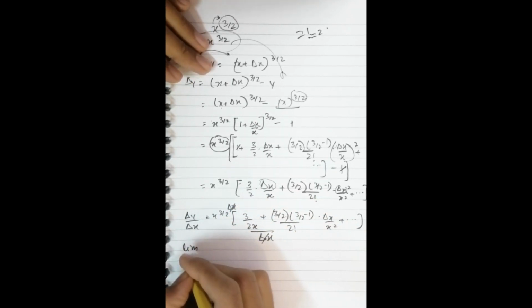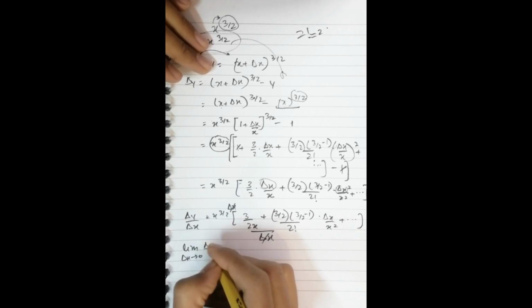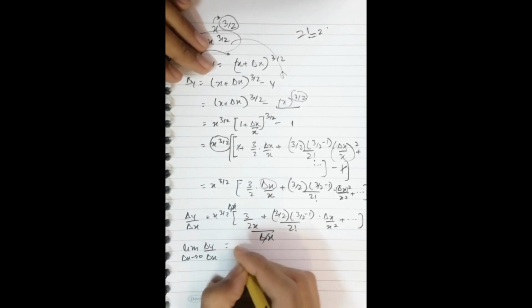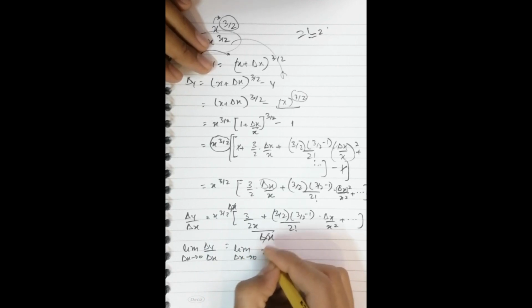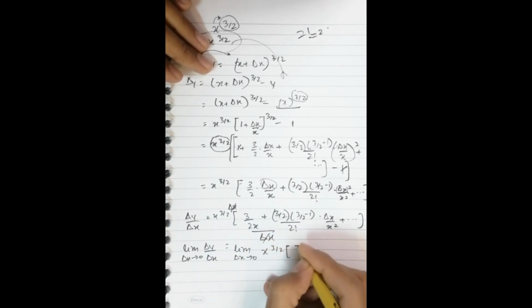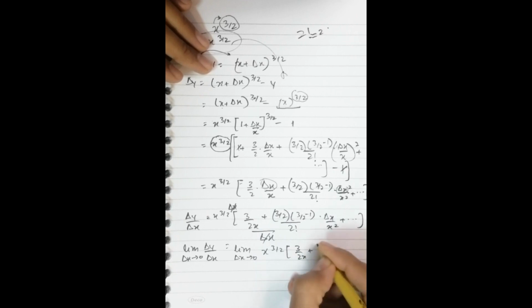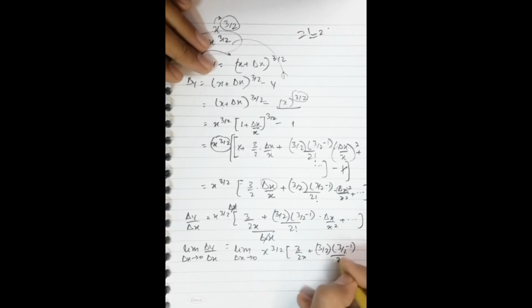And the sixth step actually says that you have to apply the limit over this entire thing which you are dealing with. So we have x^(3/2) times 3 divided by 2x plus 3/2 times (3/2 minus 1) divided by 2 factorial, and then delta x divided by x squared plus dot dot dot.